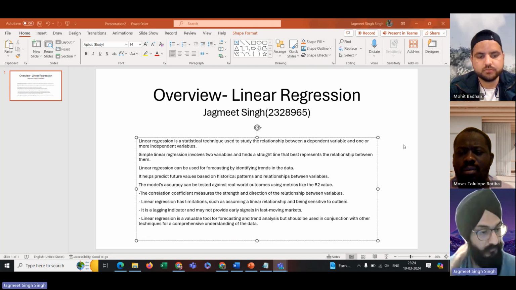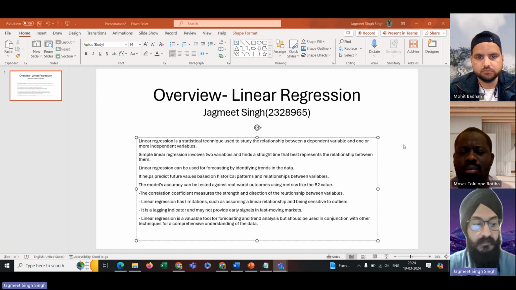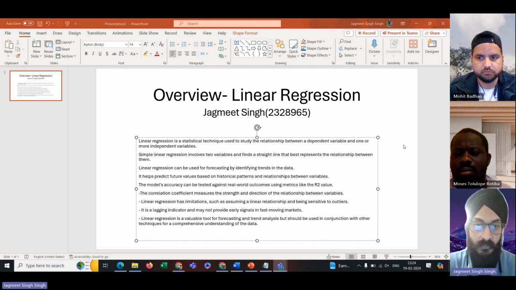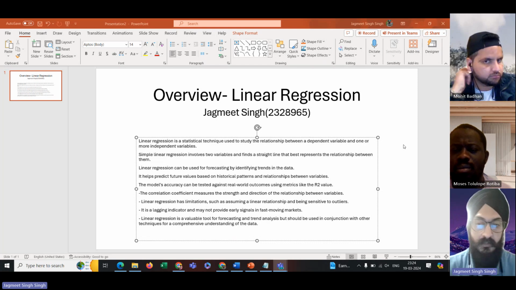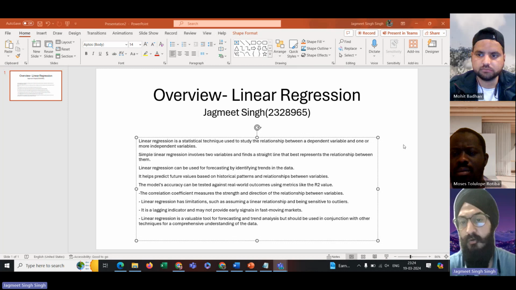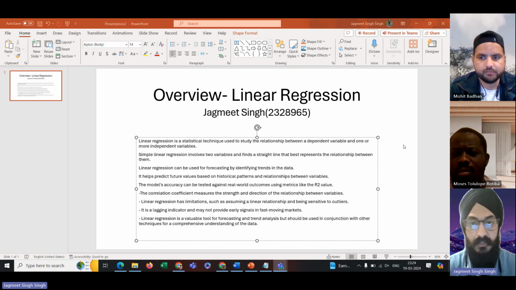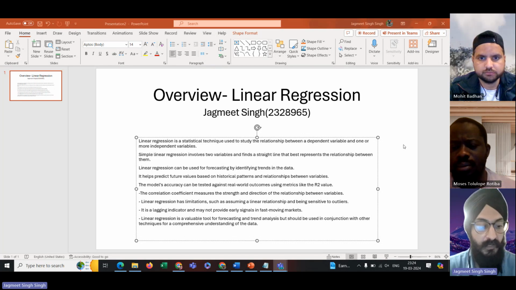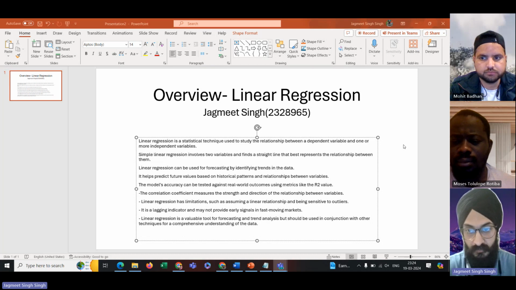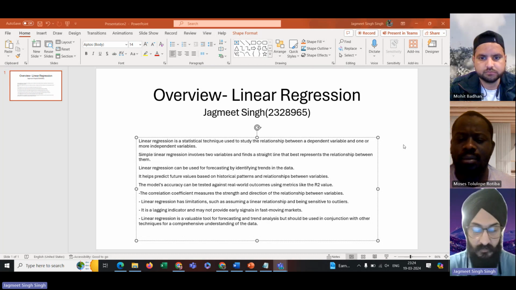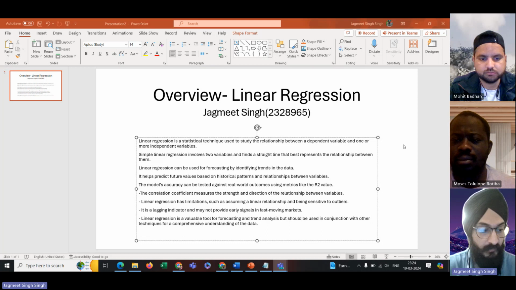In simple linear regression, we focus on just two variables and find a straight line, also called the best fit line, on a graphical representation, as given on the Excel sheet. We can see there is a best fit line which tells us about the accuracy with which we are going to predict the future.